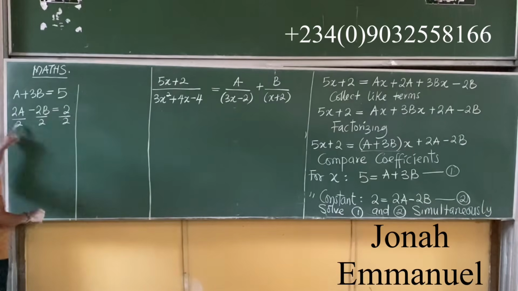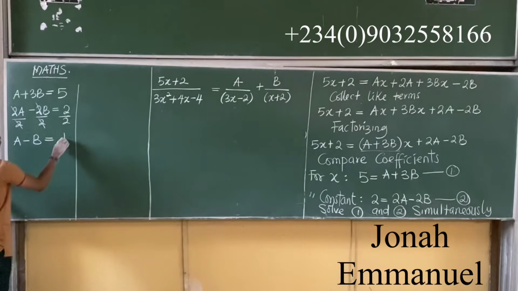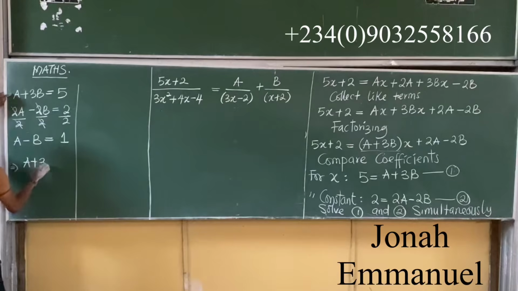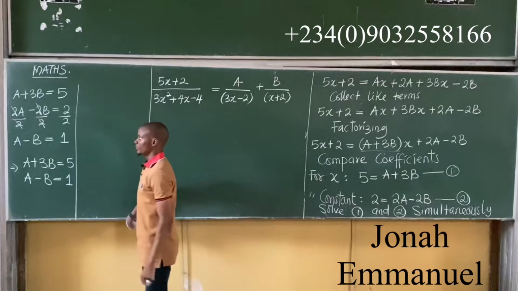This equation now becomes a minus b equal to 2 over 2, which gives 1. So I'm now left with a plus 3b equal to 5 and then a minus b equal to 1. So I'll solve these two simultaneously.